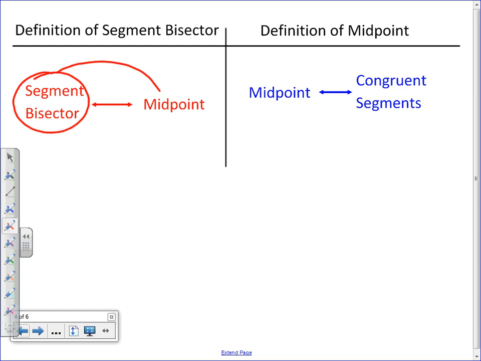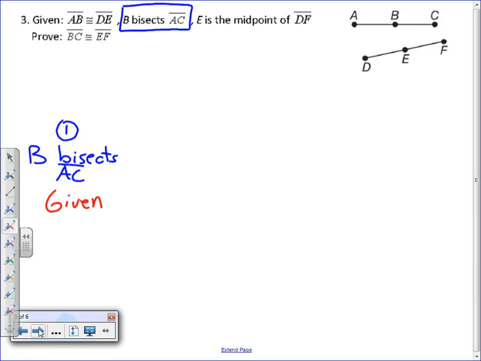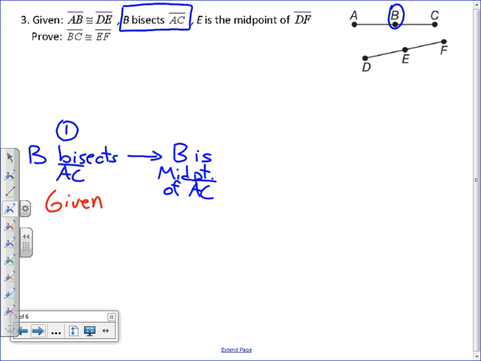So the only thing that tells me in a proof is that it intersects at the midpoint. So if B bisects AC, that means that there's a midpoint. Well, that tells me B is the midpoint of segment AC. So that's number 2, and that's the definition of segment bisector.